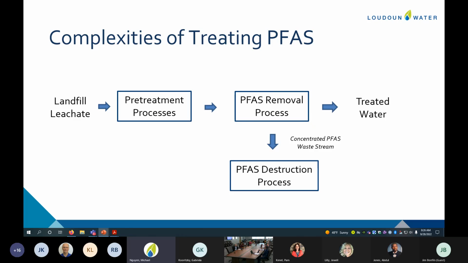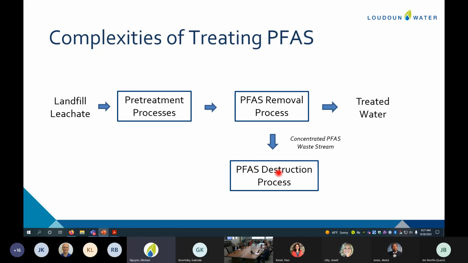PFAS removal is, and I've told you the leachate is a concentrated stream. It's concentrated compared to our wastewater, but in terms of destruction, it still has a lot of water in it. So you wouldn't be able to apply a destruction technology directly to this flow. It has to get more concentrated first. We need to be seeing PFAS measurements in the milligrams per liter instead of the nanograms per liter, right?